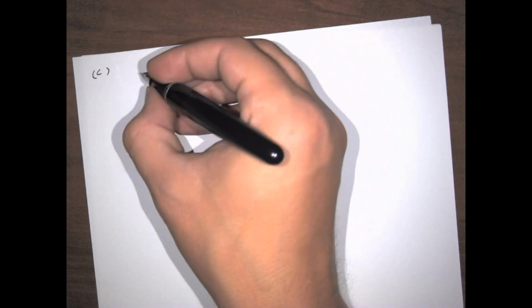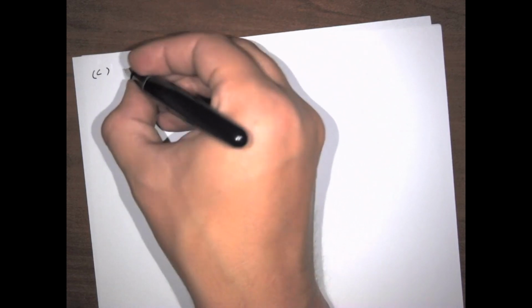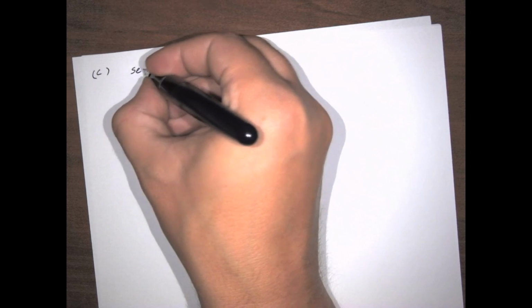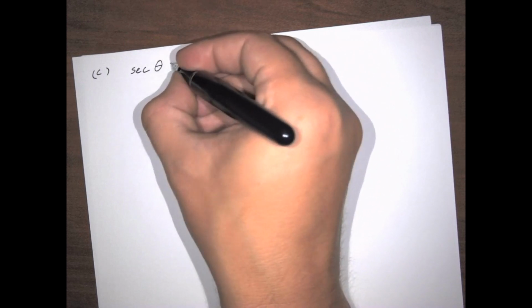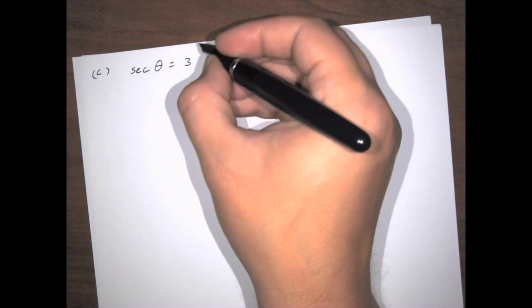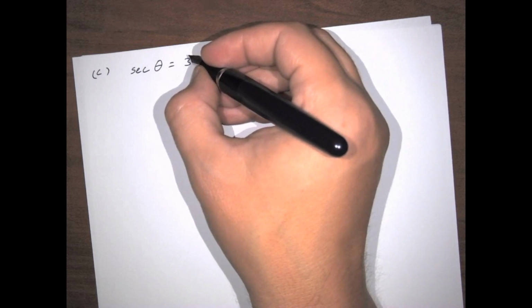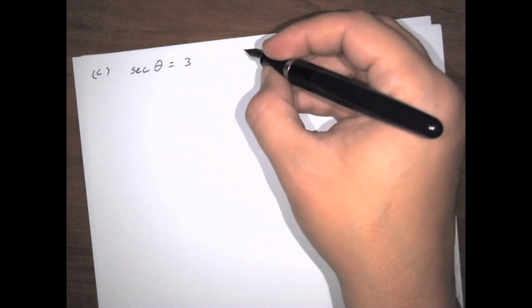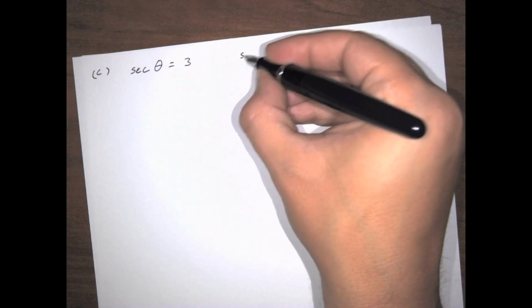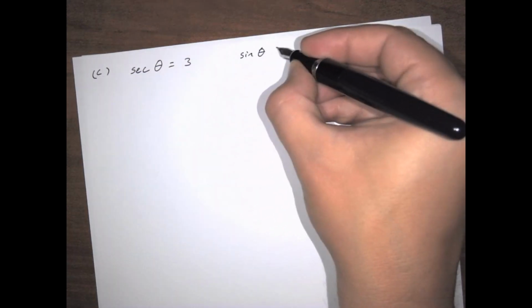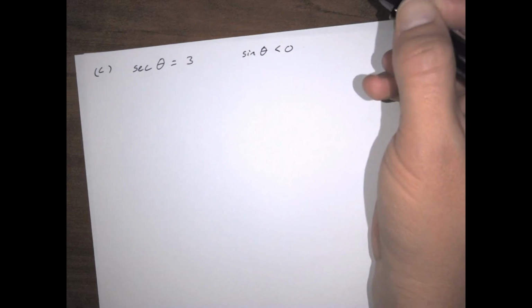So example C, let's just say what we've got is the secant of theta equals 3, and we'll say furthermore that sine theta is less than 0.